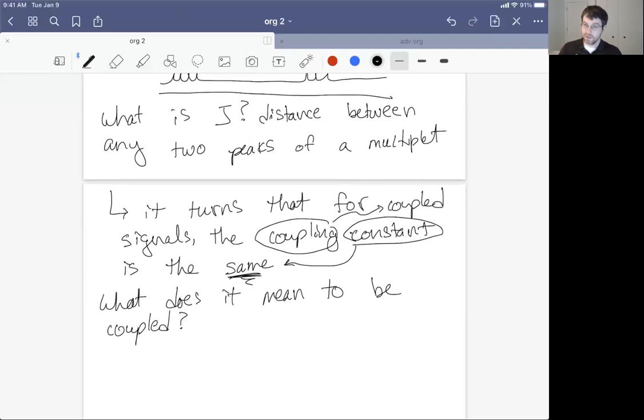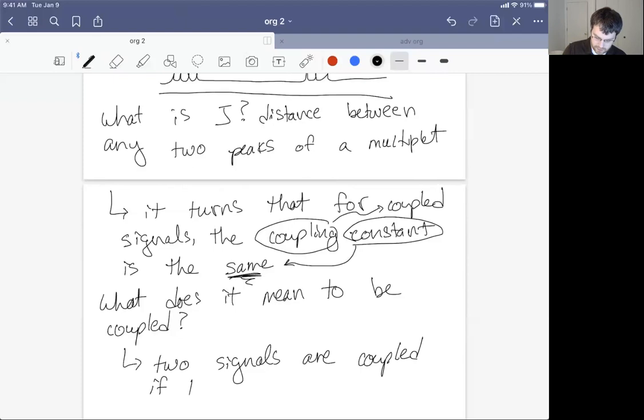A causes B to split into a quartet, and B causes A to split into a triplet. So let's phrase it this way. 2 signals are coupled if the 2 chemical environments split each other.